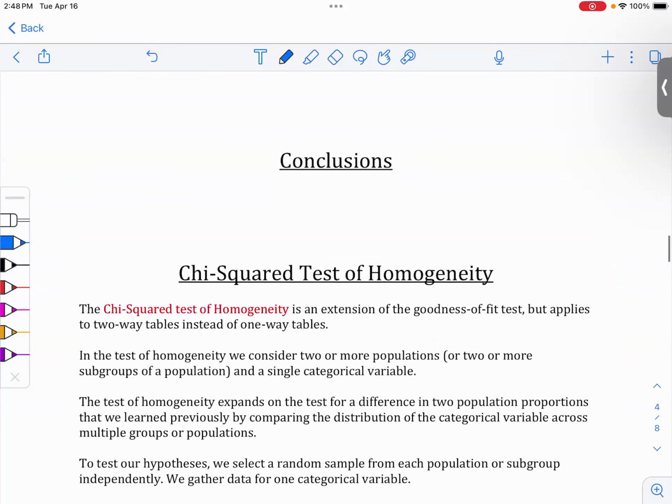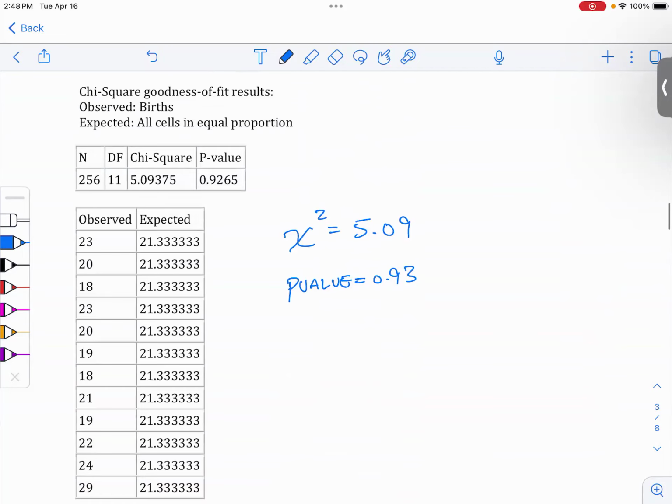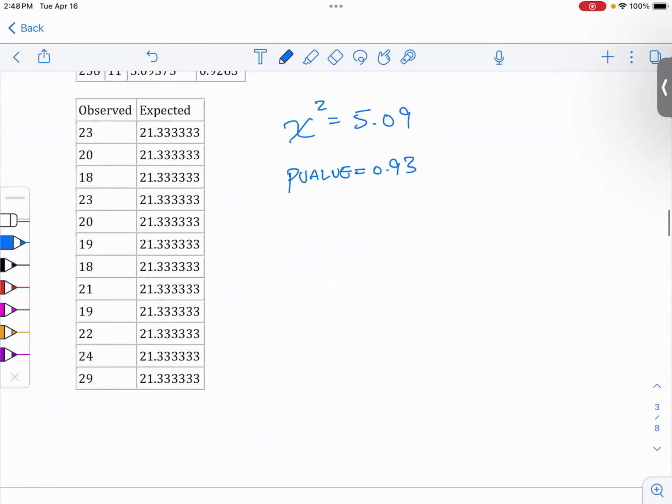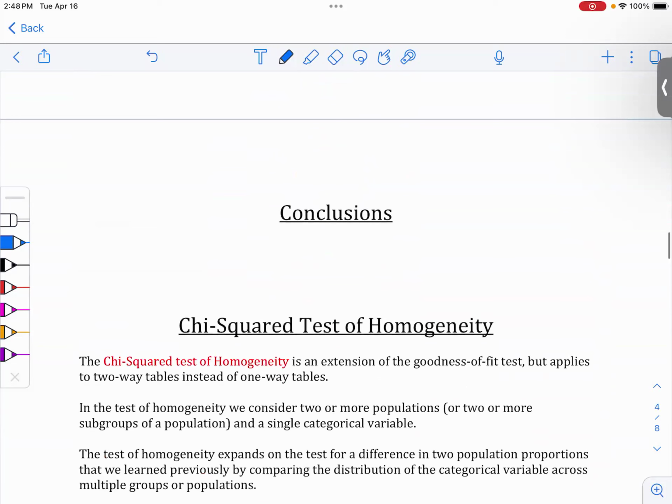And then as always, conclusions, the best part. So with a p-value of 0.93, reject or fail to reject? Fail to reject, right? That's high. All right. So fail to reject H0 at a 5% significance level.